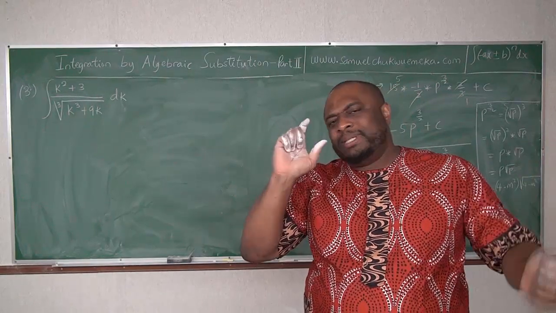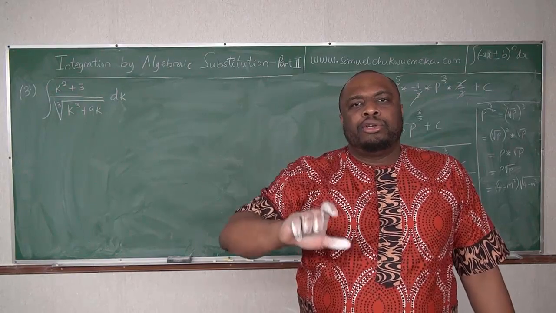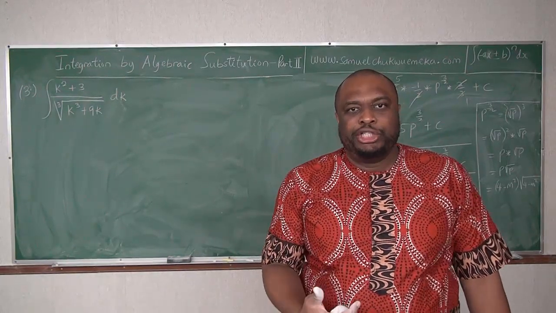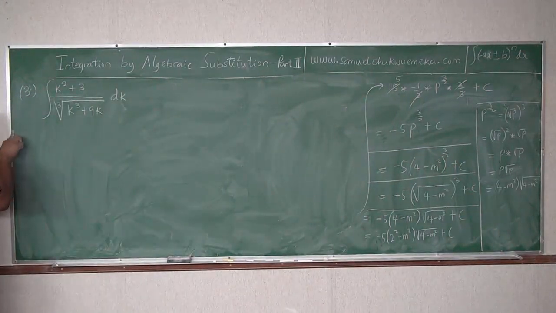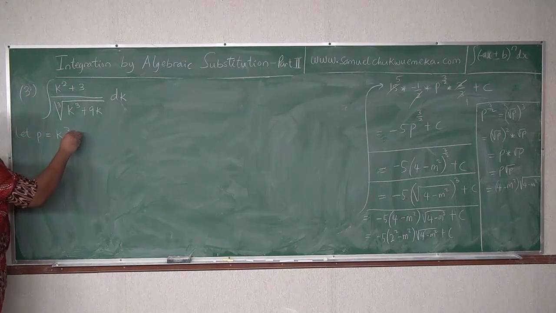See that? Sometimes you have to look at it first to know what term to use as the substitution. So we now say let p be k cubed plus 9k.